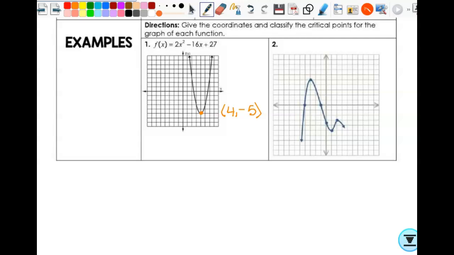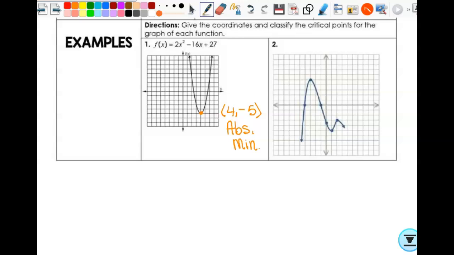What would be the best name for that? Absolute minimum. And we can abbreviate. I didn't want you to abbreviate up there, but we can abbreviate here. So absolute minimum is totally fine. If I gave you this picture and I asked you, how many relative minimums does this function have? What's your answer? 1, because it does have 1 relative. The best name is absolute, but it has 1 relative minimum. Okay, we good with that?